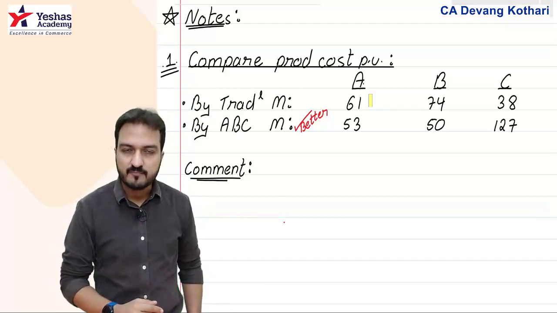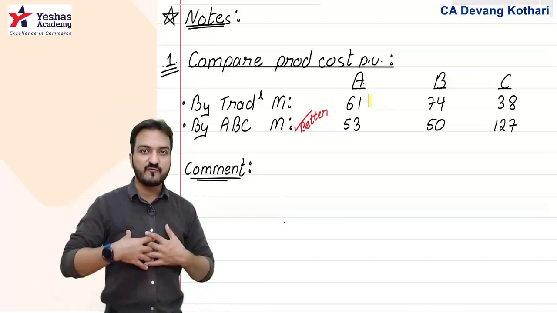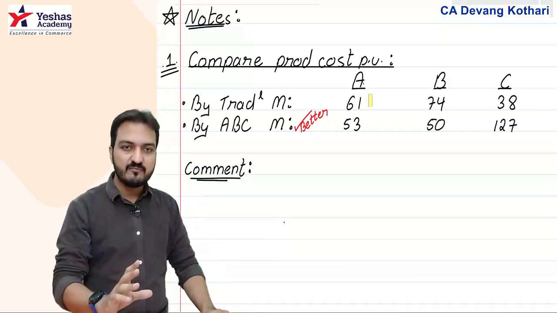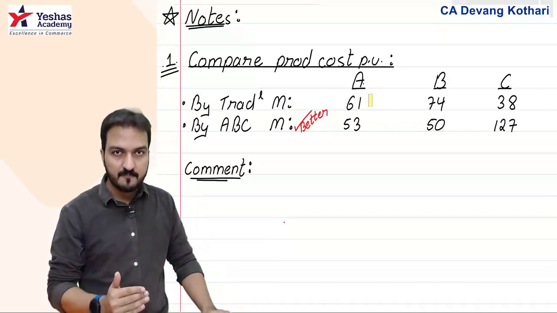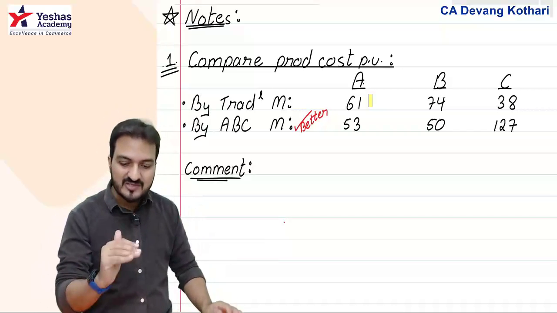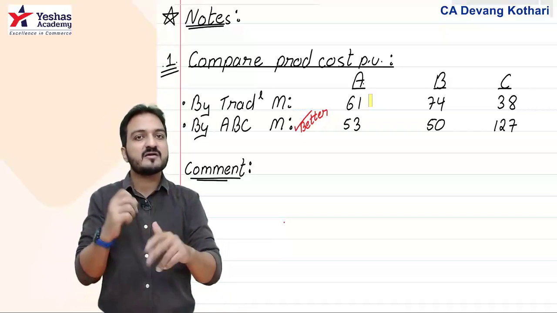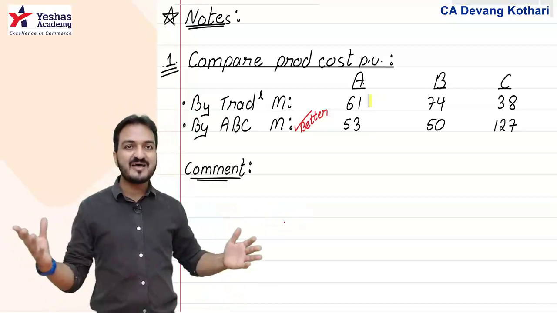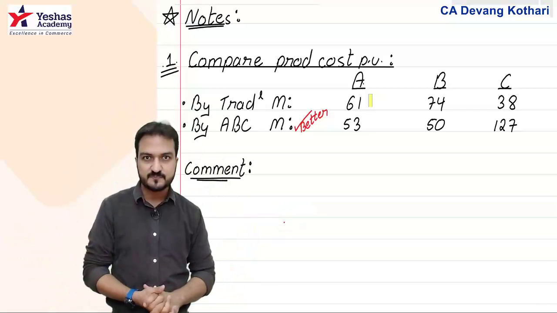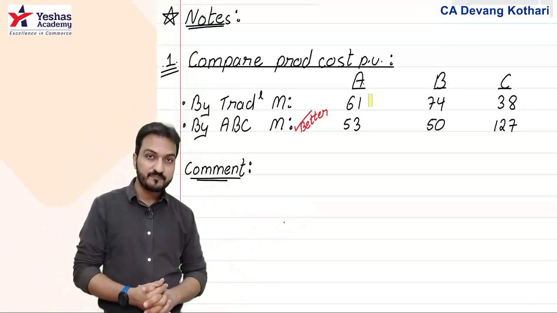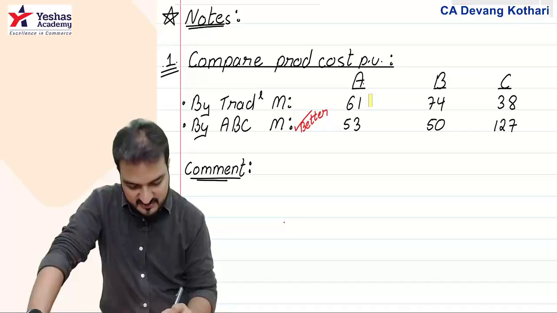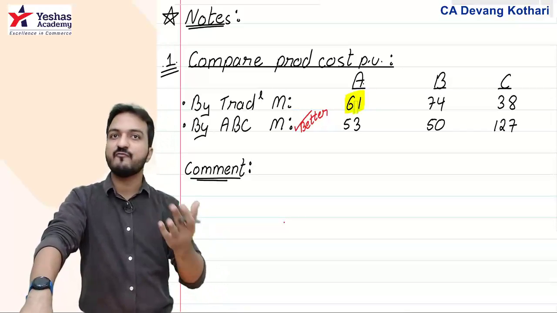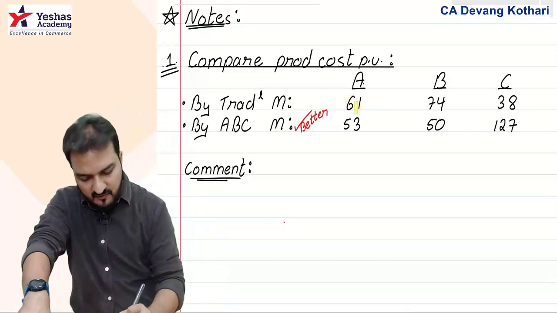Okay, so what's the problem? What is the problem if your estimated cost of product A is more? Well, simple. If you estimated higher cost of product A, then because of the higher cost, either you will set a higher selling price, or because of your higher estimate, you will see that product A does not have enough profits. So because of your product A cost being more, you might decide a very high selling price.